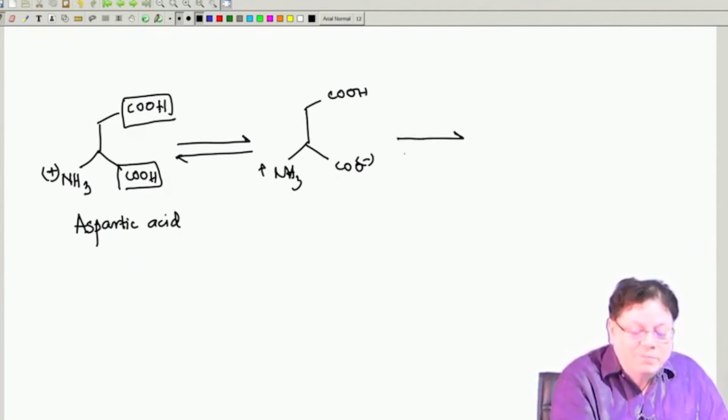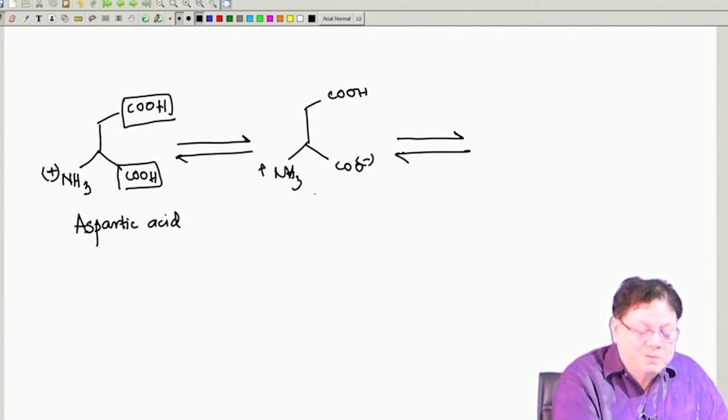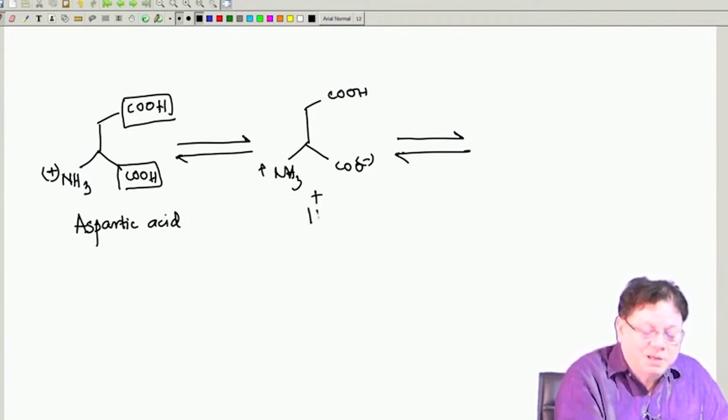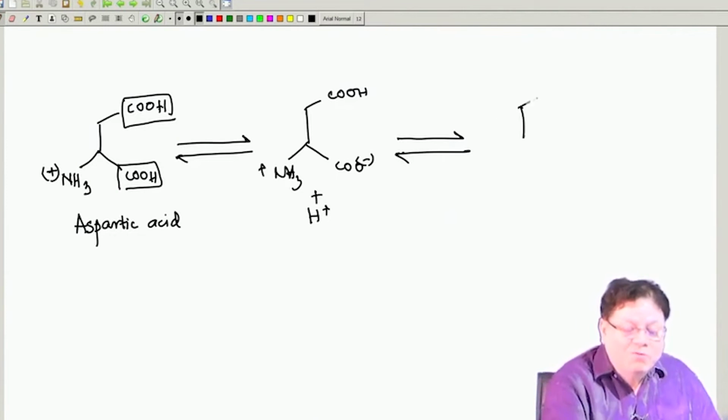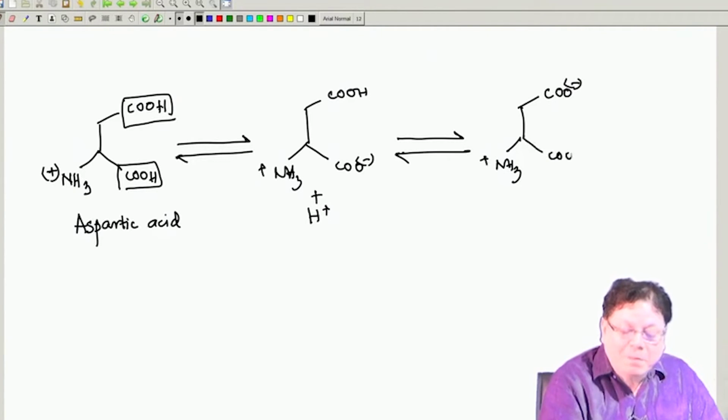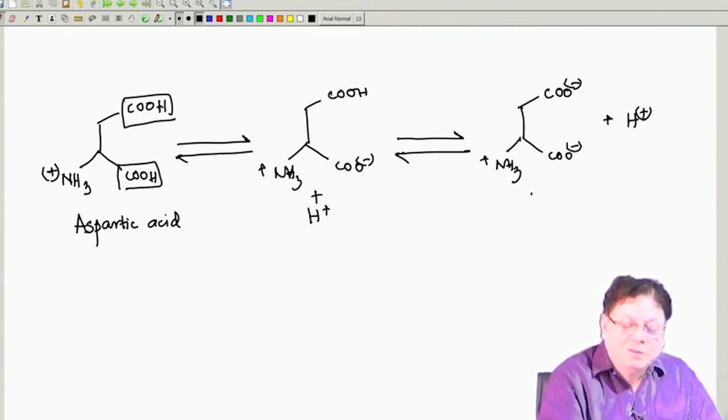The second one, I am not writing the proton, it is basically plus H+. Okay. The second dissociation now will occur from the other carboxylic group. CO2-, and then this is NH3+ and this is CO2-. Okay. Plus H+, but still you have one more acidic proton.